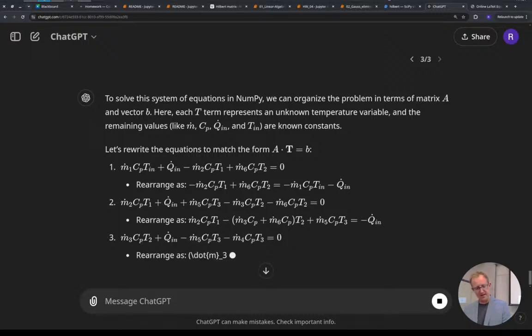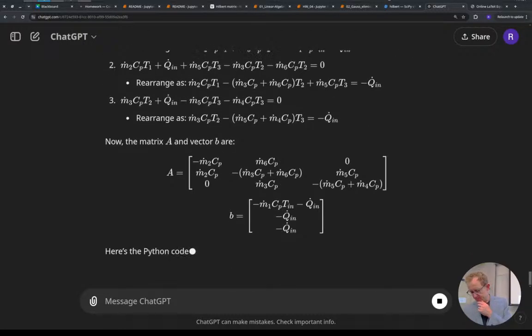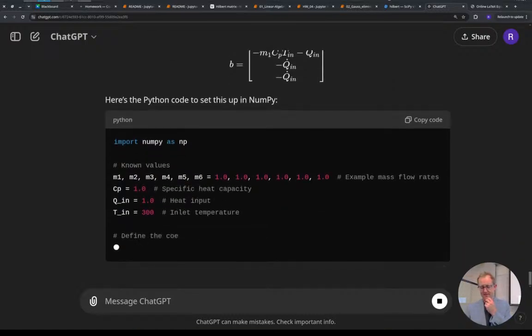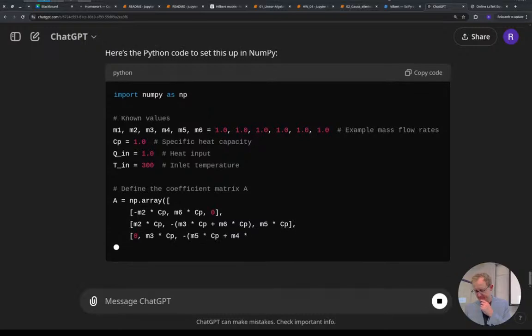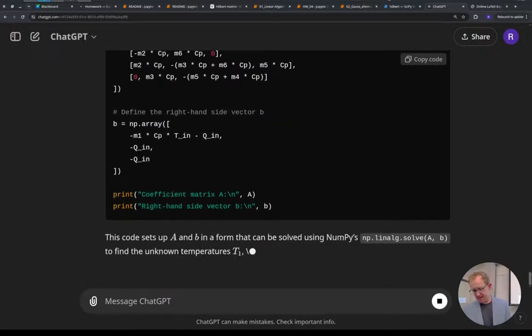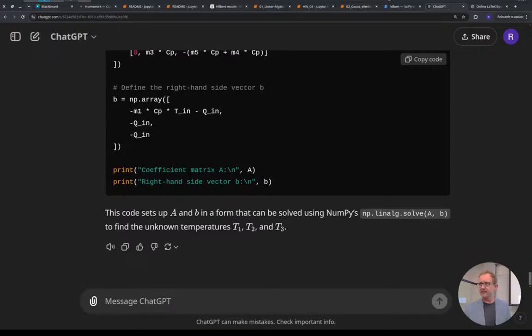Taking its time this time around. But that looks better. Now it's back to what it was before. And it put b as a regular one-dimensional array rather than a column vector.